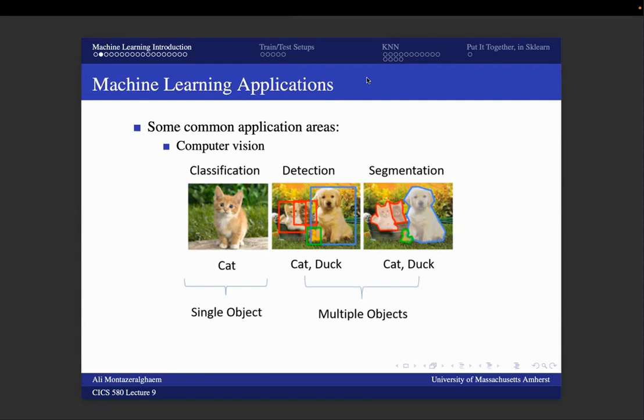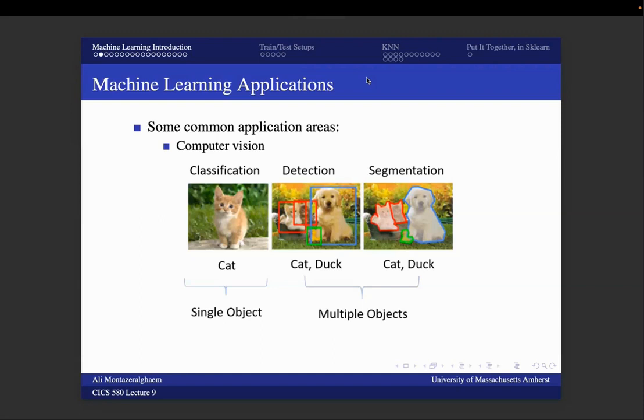And the third one is segmentation, which is similar to the second task, detection. But in segmentation, as you can see, we want to find the exact area of the object in the image, not just the box or something like this.